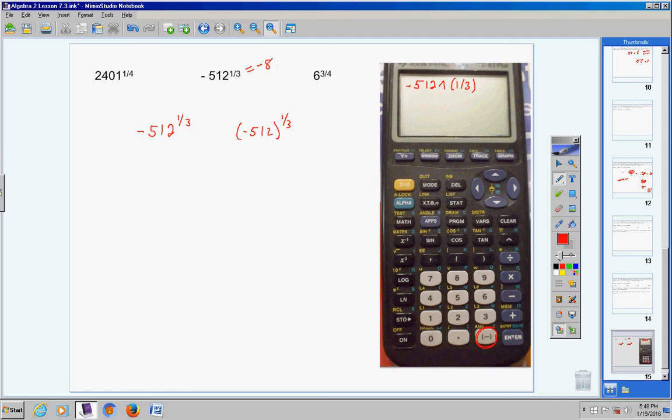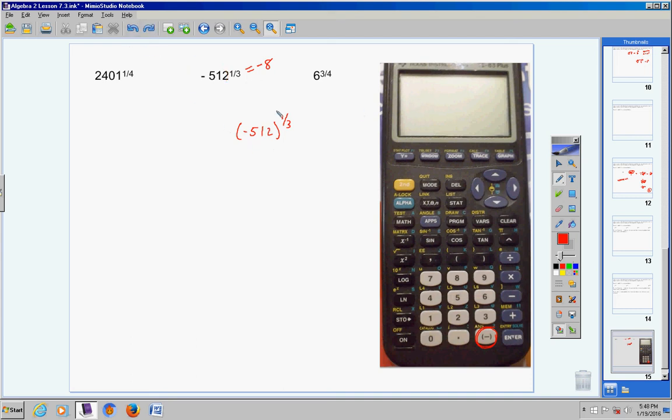Now, I want you to type in this problem with parentheses. Now, in this case, you're going to happen to get the same answer, but that's a coincidence. That won't always happen. So if there's not parentheses around the base, don't put them in over here. If there is, then put them in.